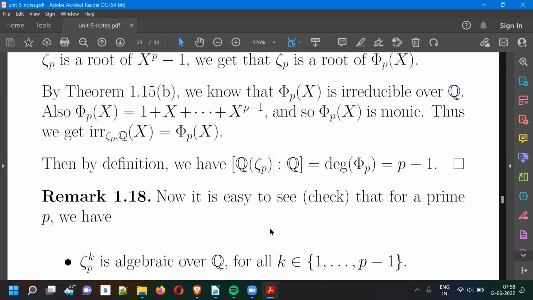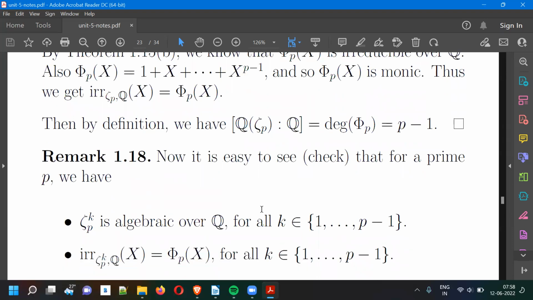So now what immediately follows from this is that all the other roots behave the same. For any k between 1 and p minus 1, you can check this: the GCD of k and p is 1. Therefore, each of these zeta p raised to k is a root of phi p of x because they are not equal to 1. Okay.